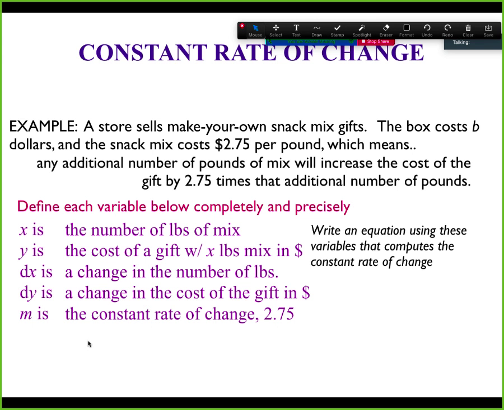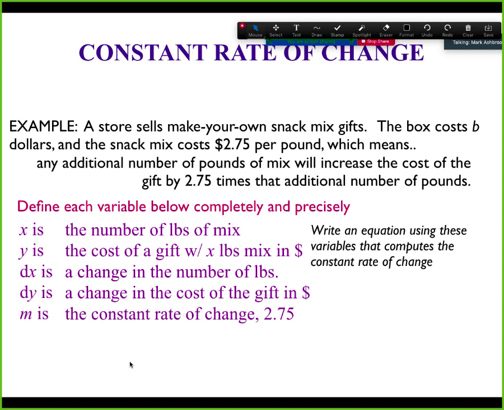Okay, but I want to compute the constant rate of change. dy over dx.